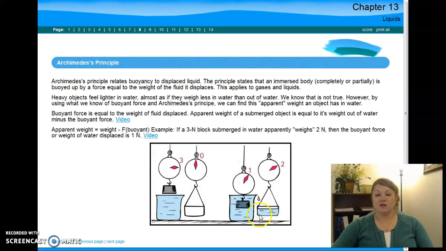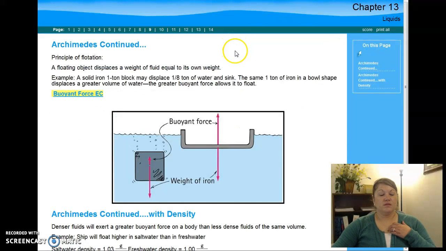Well, guess what? That's the amount of water displaced. Right? So however much water gets displaced, that weight is equal to the buoyant force. Right? So buoyant force acting on this weight in the water is 2. Alright. So buoyant force being equal to the weight of the water displaced is the first part of Archimedes' principle that we're going to talk about.